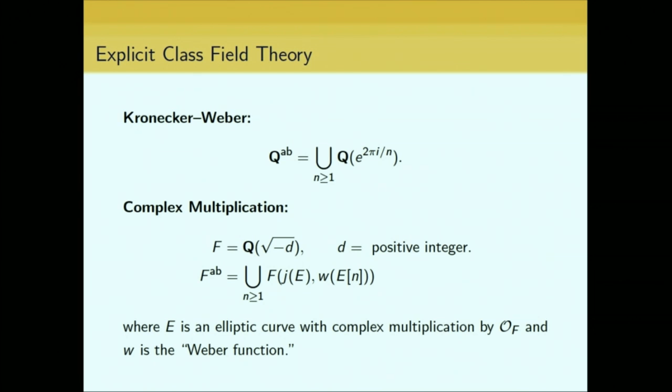And that generates the Hilbert class field of that ground field. And then to get the ray class fields of all conductors, you adjoin the torsion points, the coordinates of the torsion points, essentially, of this same elliptic curve.